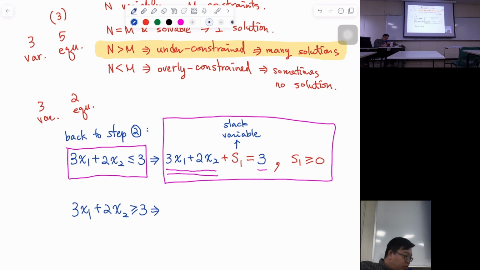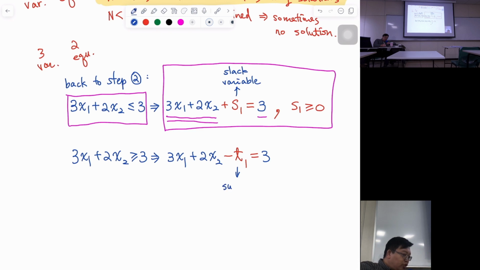We're going to do something similar, but this time you are going to subtract T1, okay, we're using T this time, and it equals 3. So this T is called a surplus variable. Okay, and T also is positive or equal to 0.